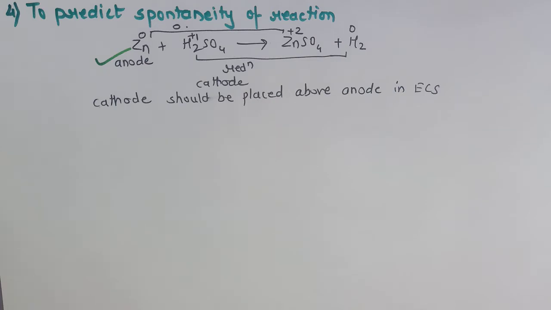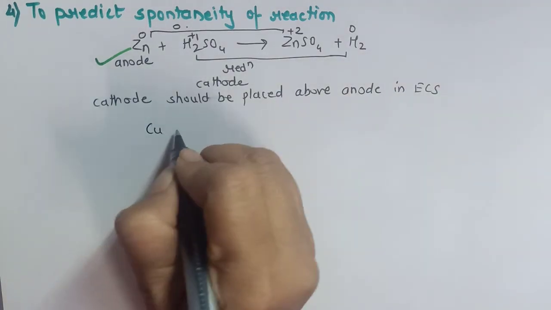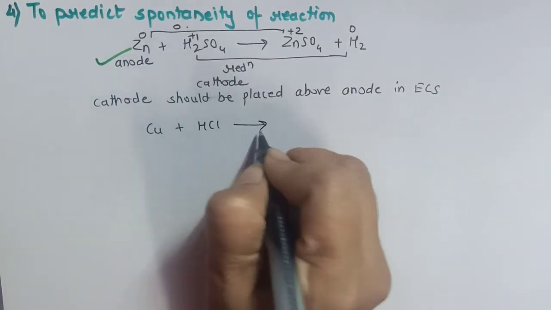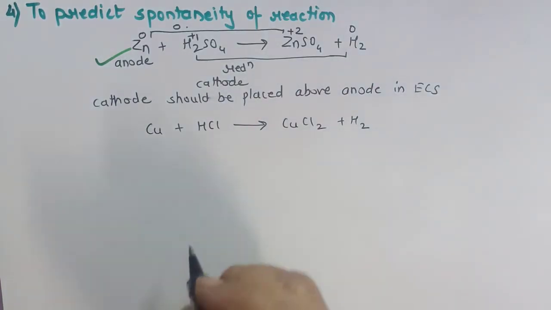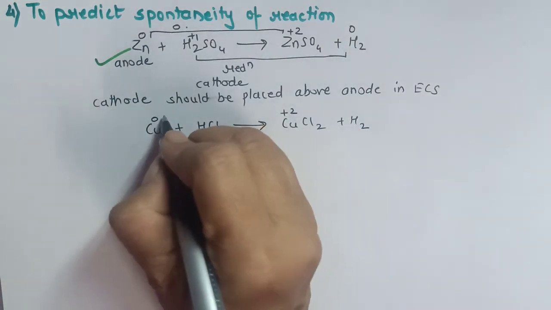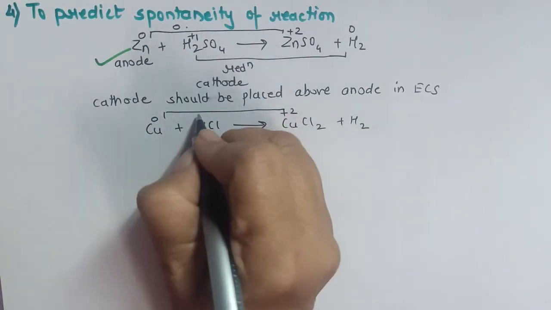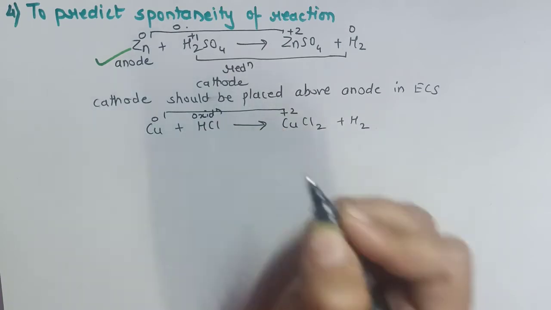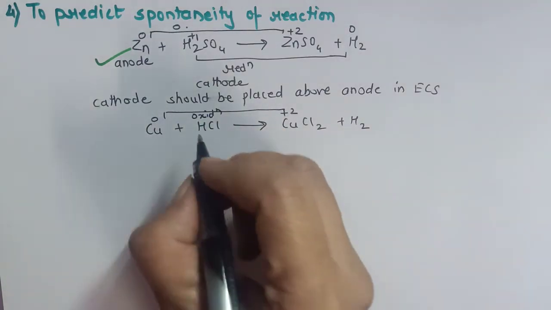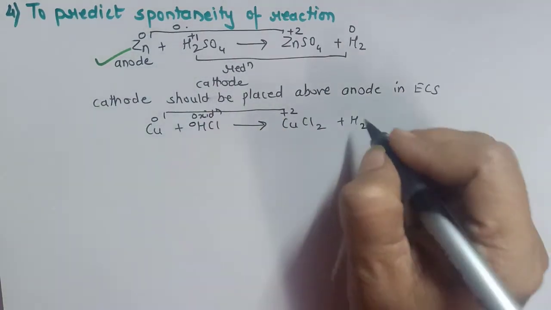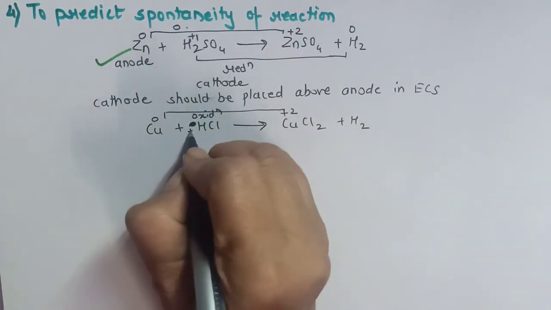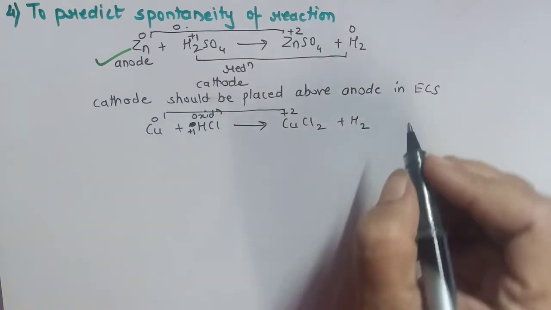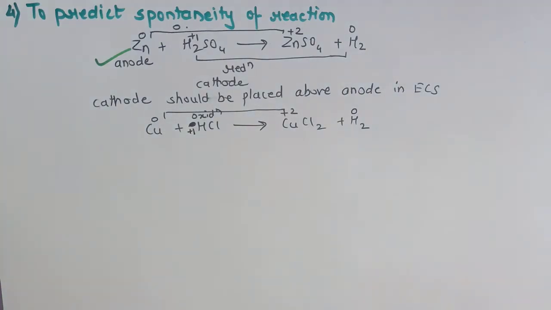Let us have one more example. Copper plus HCl giving CuCl2 plus hydrogen. Now here again copper from 0 oxidation state is getting to plus 2 oxidation state. So this is oxidation. And hydrogen, from plus 1 oxidation state, is getting reduced to 0.